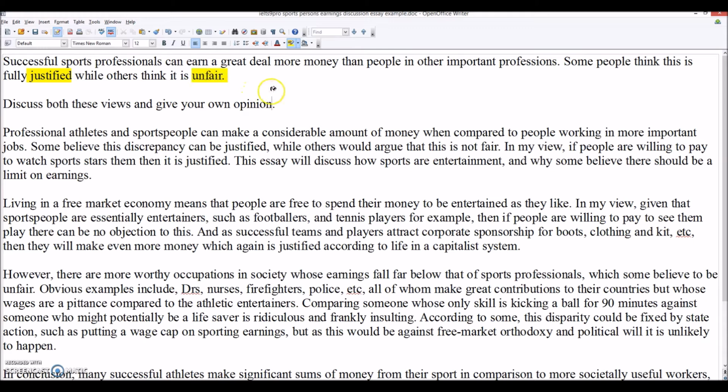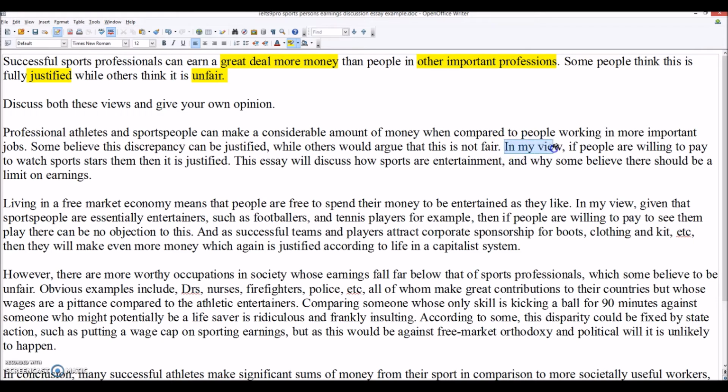Some think it's not. The great deal of money people in other important professions. Now that's a good key word there. Great deal more. Okay, so professional athletes and sports people can make a considerable amount when compared to people working in more important jobs. Okay, some people think it's justified, others say it's not.